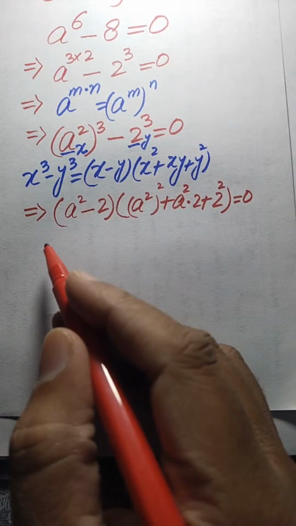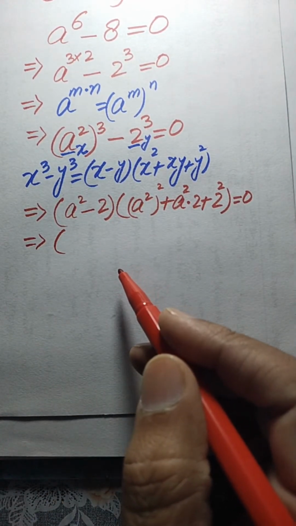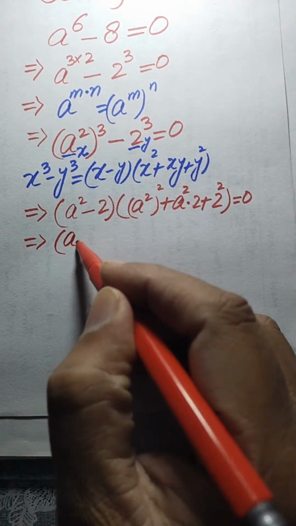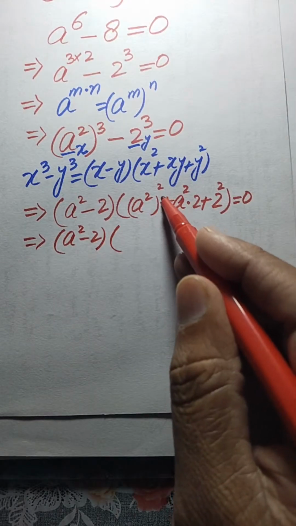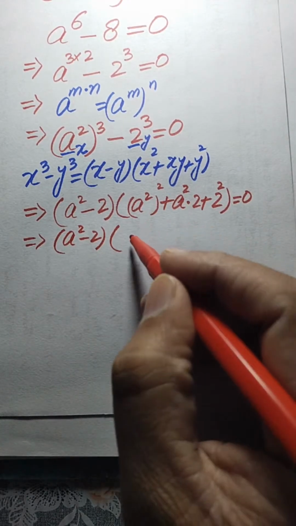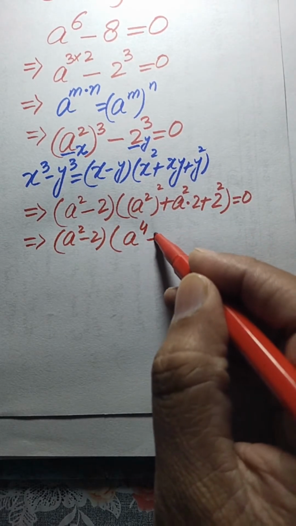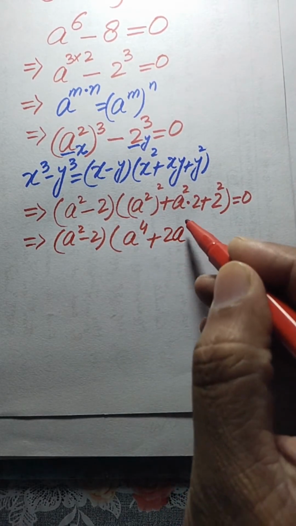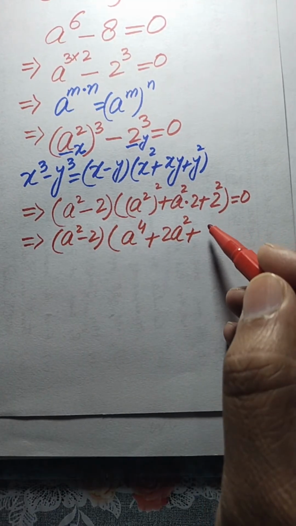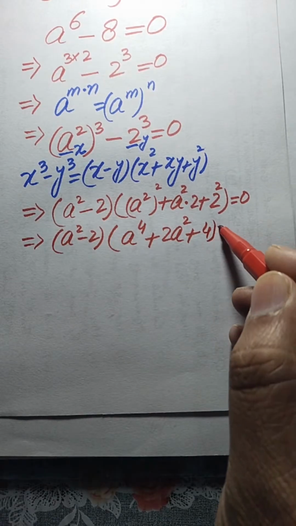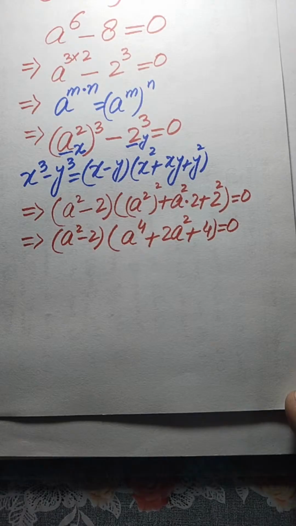We write a little bit of simplification here, and it becomes a square minus 2 times, and here we need to multiply these two exponents, so it will be written as a to the power of 2 times 2, which becomes 4, plus 2 times a square, plus 2 square, and 2 square becomes 4, and this whole equation is equal to 0.